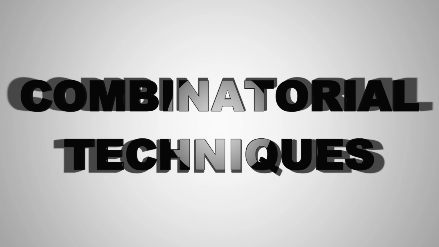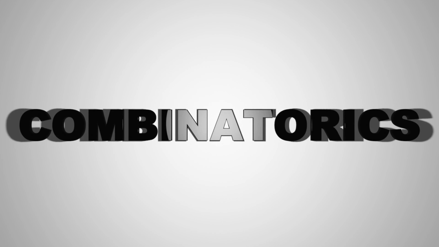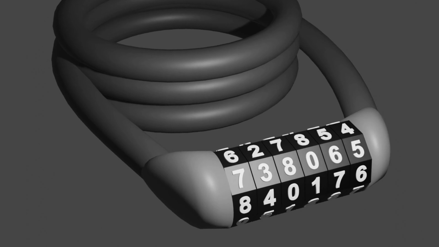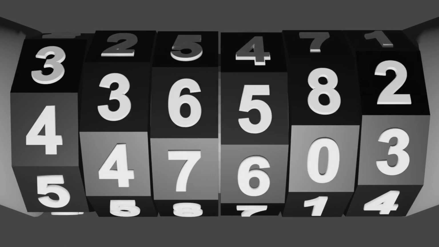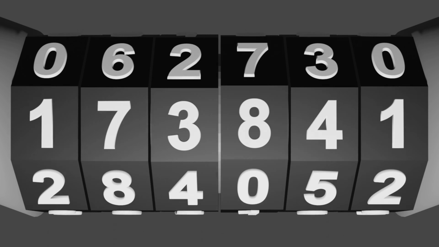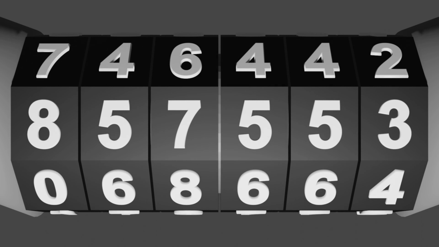As a result, combinatorial techniques must be used to reduce the required computing power. Combinatorics is the mathematics of counting and arranging. Combinatorial techniques allow us to count quantities that are much too large to be counted in the conventional way.